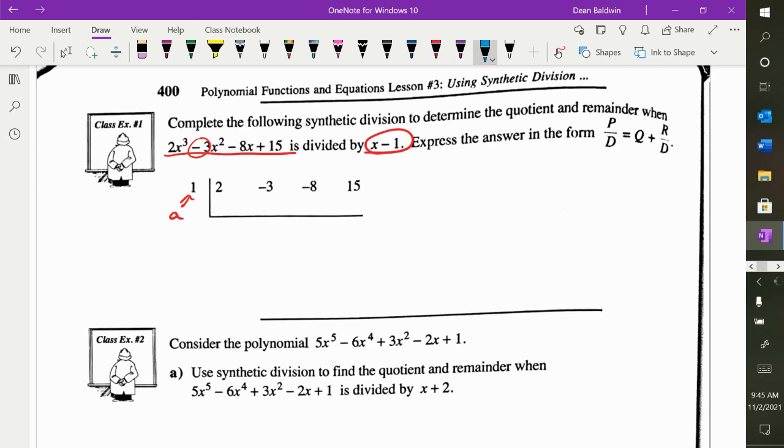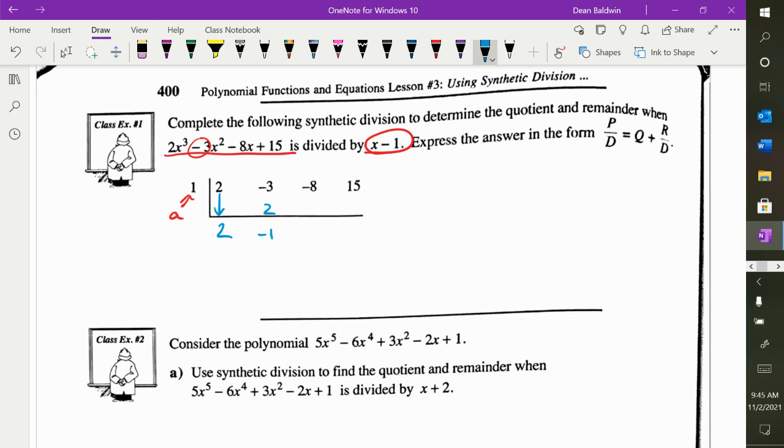All right, are you ready? This is what you do. You take your first number and you just drop it down, 2. And then you say, all right, 1 times 2. What's that? 2. That goes under the next number. You're always adding in synthetic division. What's -3 plus 2?